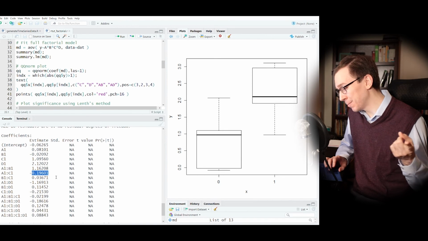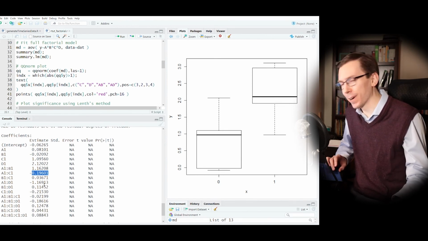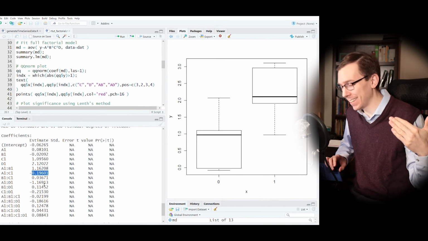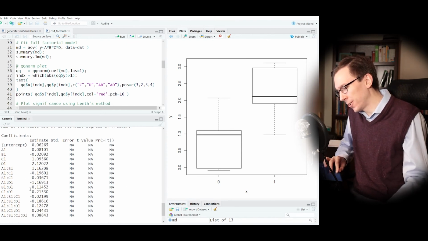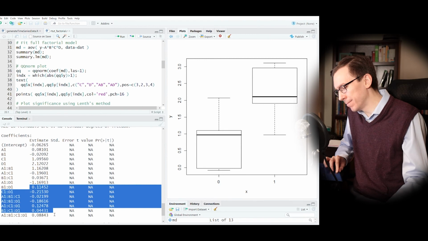AC is a little bit negative. It should be 0, but we don't know that a priori. I just know that because that's how I generated the data. And similarly, AD is close to -1, which is like the right answer. And all of these are supposed to be 0.